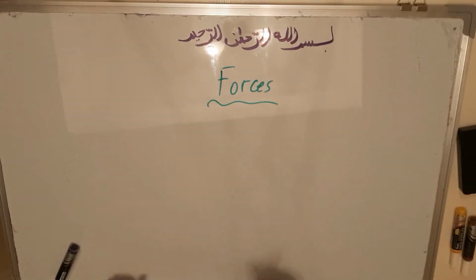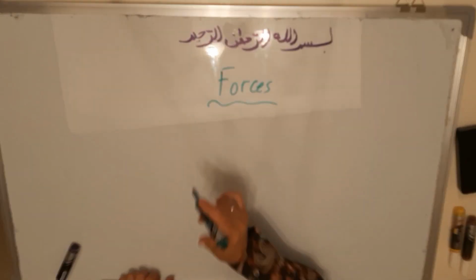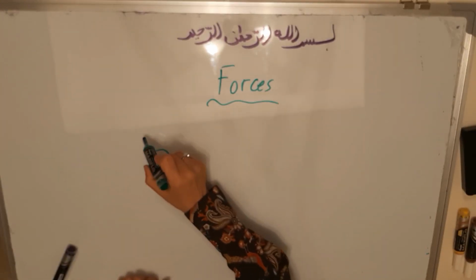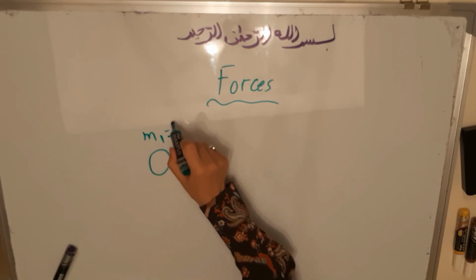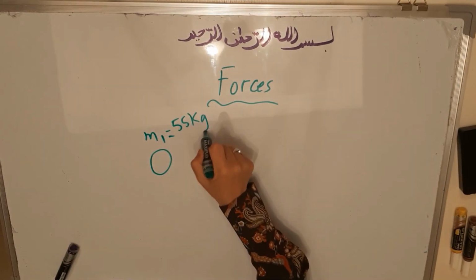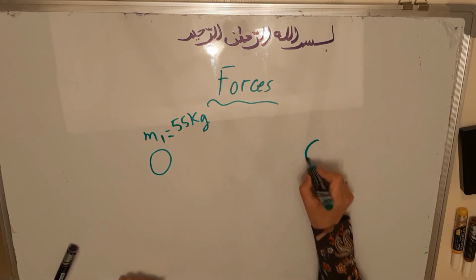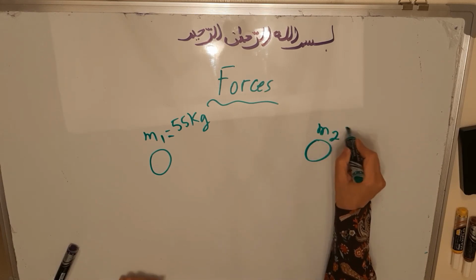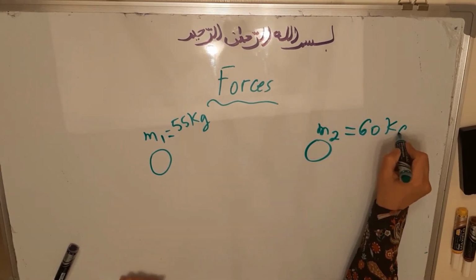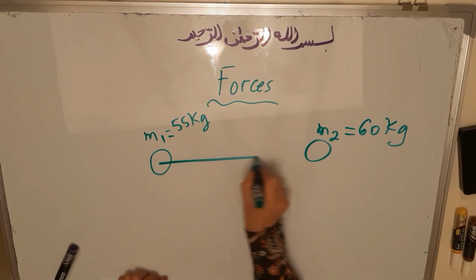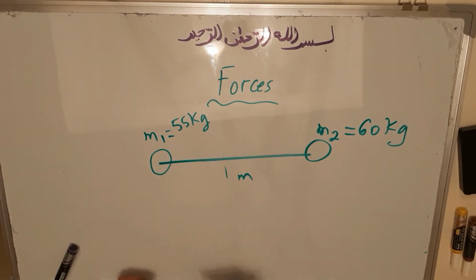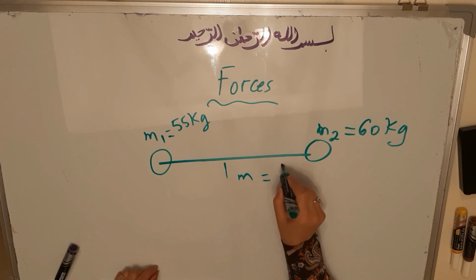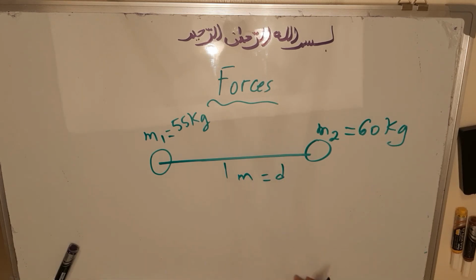This is actually for my grade 10 students. So if I have a student here with mass M1, let's say 55 kilograms, and then another student, M2, let's say 60 kilograms, sitting a distance of 1 meter apart, or let's say D, some use R. So what is the force of attraction between these two students?